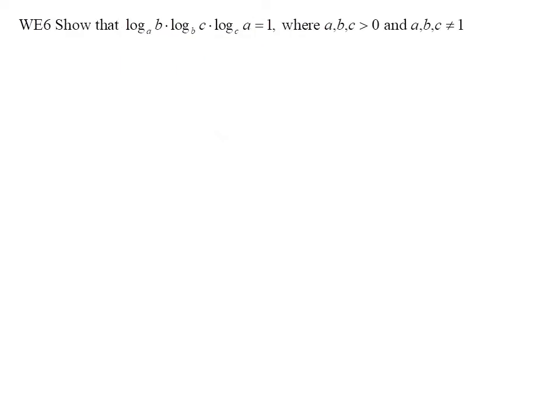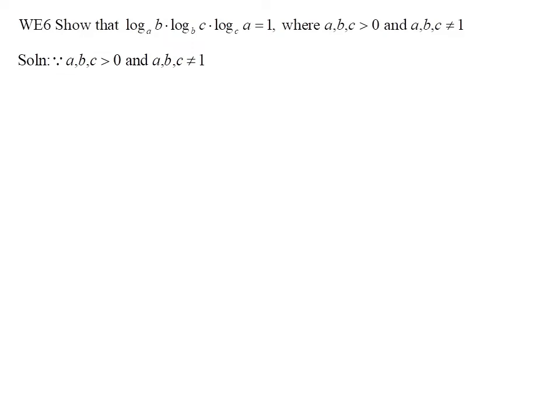Example 6 is to show the logarithmic expression of logarithm base a of b times logarithm base b of c times logarithm base c of a equals 1, given that constants a, b, and c are real positive numbers and none of them equals 1. Based on the given criteria, we change the base of all the three logarithmic expressions to 10.